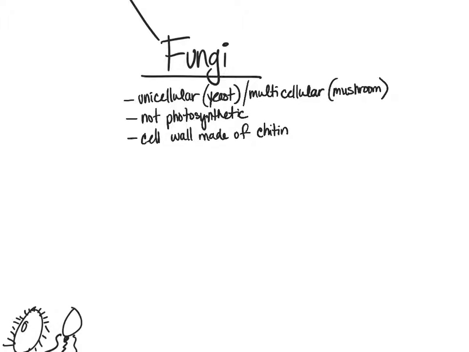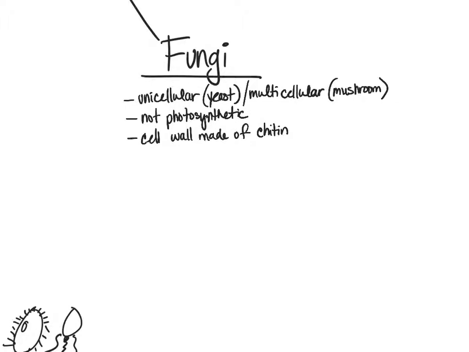Remember, cellulose is a structural carbohydrate we find in plant cell walls, but we also see that in algal cell walls or in algae. In fungi, what we see is chitin. And chitin we also see in the exoskeleton of insects, for example. So that hard exoskeleton in insects is what we find inside of the cell walls of our fungi.